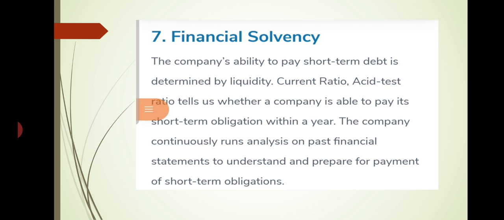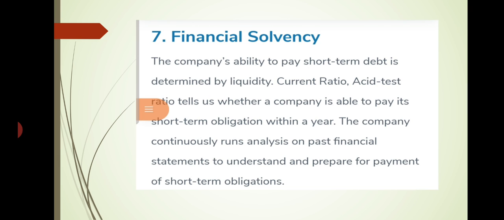The company's ability to pay the short-term debt is determined by its liquidity. Current ratio, acid test ratio tells us whether the company is able to pay the short-term obligations within a year. The companies continuously run analysis on the past financial statements to understand and prepare for the payment of the short-term obligations. Means here you have to consider if any bank is financially sound, if it is financially strong, then they can pay their short-term liabilities immediately because their liquidity ratio is strong.